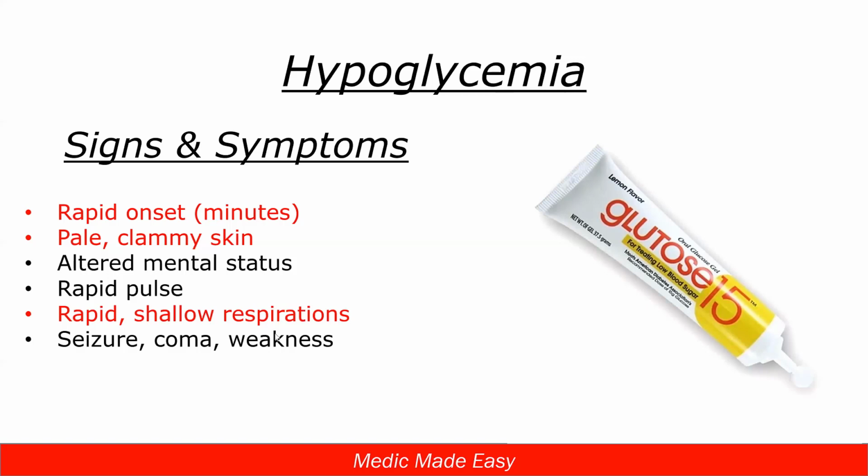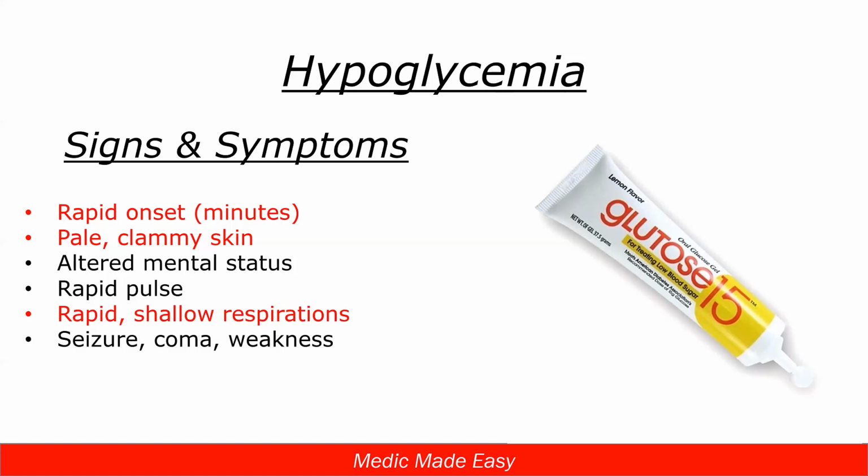So important parts to recognize on low blood sugar, it's much more rapid onset. Minutes comparatively. Once the blood sugar starts to go low, it shows up with issues much faster. So hypoglycemia is a much faster onset. Skin signs: pale, clammy, sweaty, diaphoretic, that cool, pale, clammy skin.